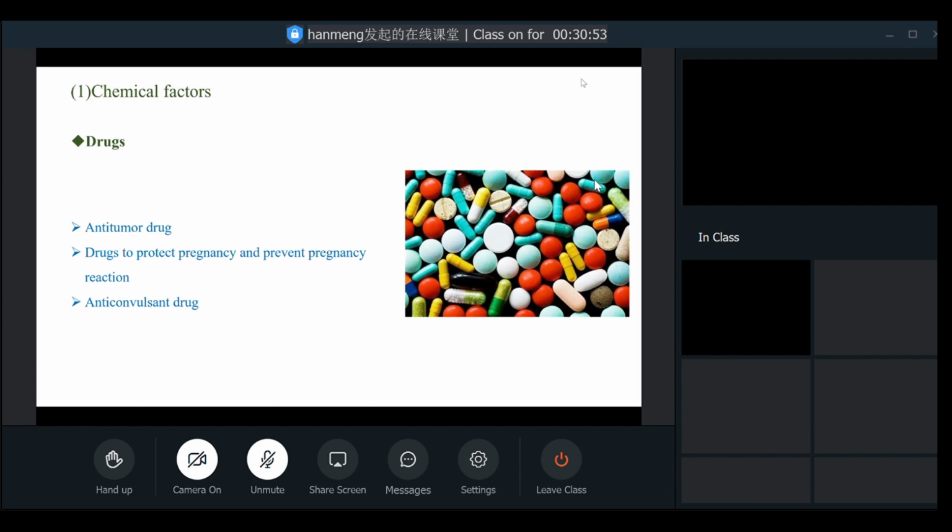Even the anti-tumor drug and the anti-convulsant drug maybe can help us relieve the pain from disease, but these drugs also will induce chromosome aberration.